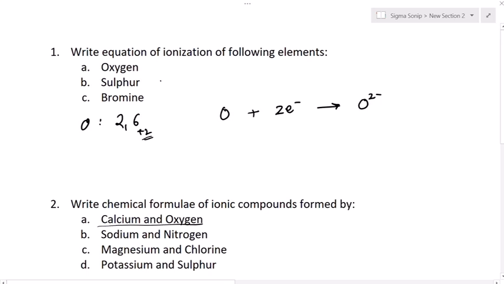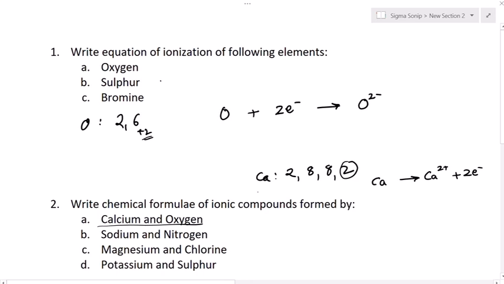Calcium has got an electronic configuration of 2, 8, 8, 2. So calcium becomes an ion by giving up these 2 electrons. So the equation that we can write for calcium is: calcium acquires 2 positive charge by giving away 2 electrons. Then we got the oxygen here.